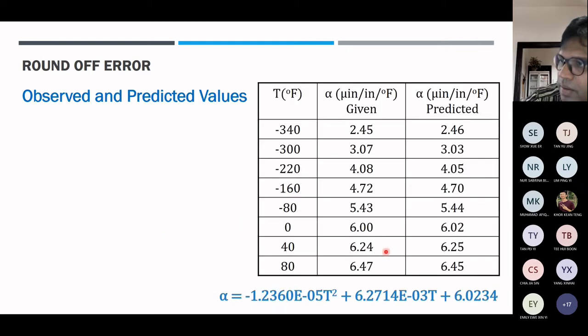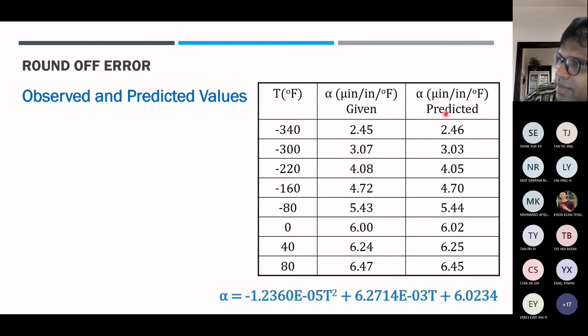Right. After we add the significant numbers in the equation, you can see that the predicted value is more similar to the observed or given value. This is based on your equation. We use the exact value, substitute the value, and get the outcome.